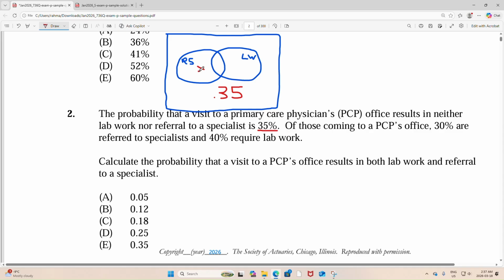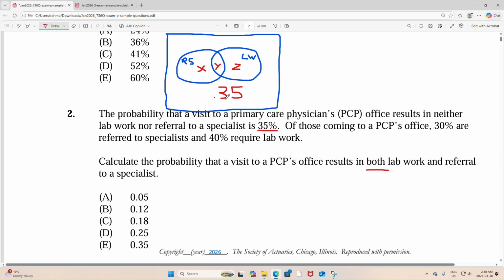So if we just let this segment be X, this segment be Y, and this segment be Z, what we want to know is the probability that results in both lab work and referral to a specialist. So that's just the Y. Now, also remember that the probability of the whole box, all of these four segments, is 1.